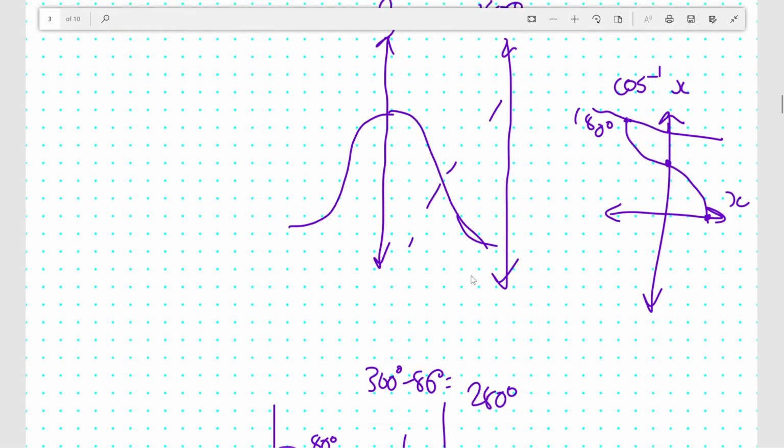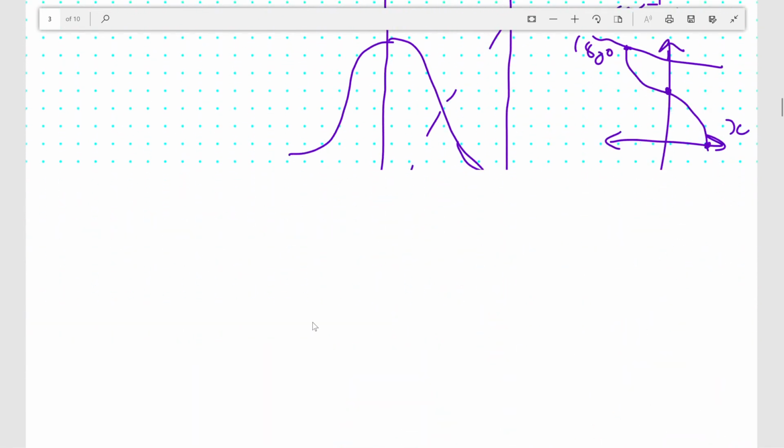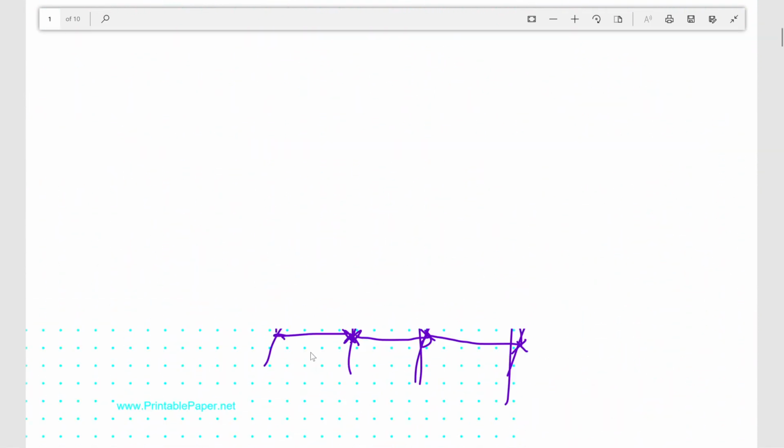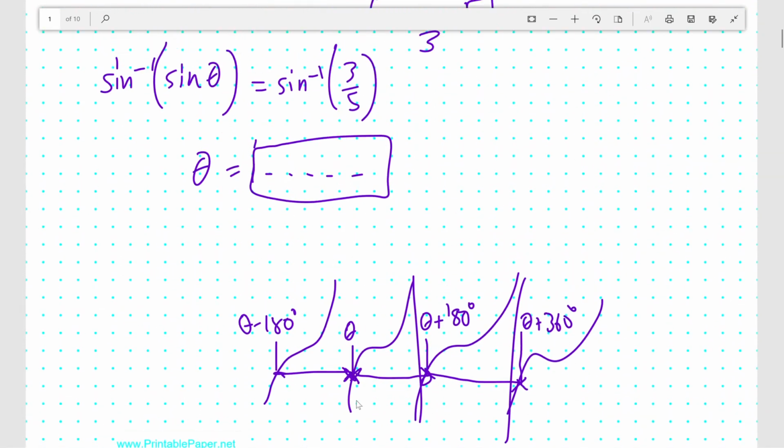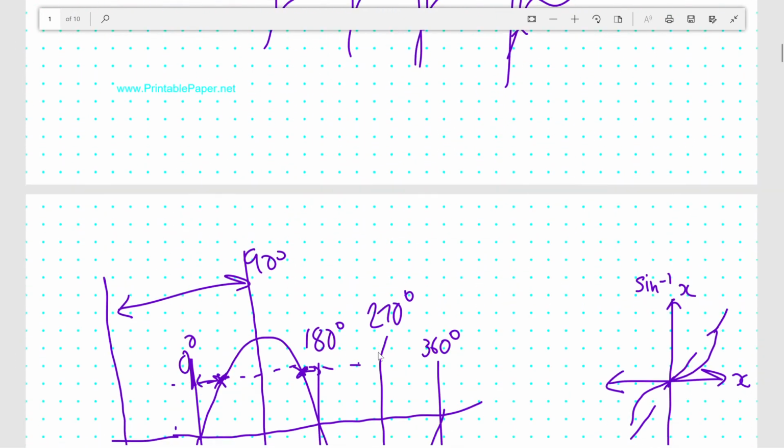And that's how you would find values of theta for the same cosine theta. And finally, let's go over the tangent process again. You just add and subtract 180 degrees for tangent because it repeats itself every 180 degrees.